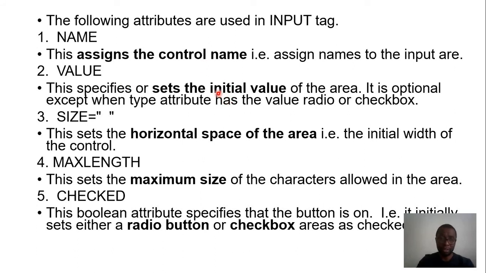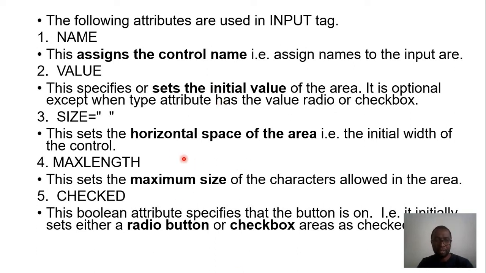For example, if you had a section for date, and you know automatically what the date is supposed to be, you can say the initial value is that, so nobody would be bothered about trying to set up a date, because some date will show there, so they can modify it or use it. So set initial value in some area.